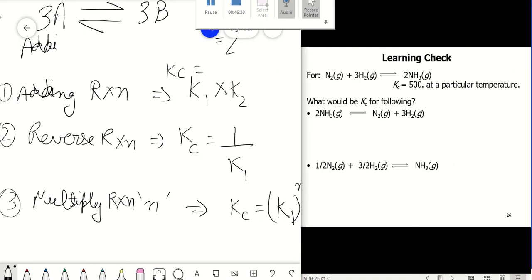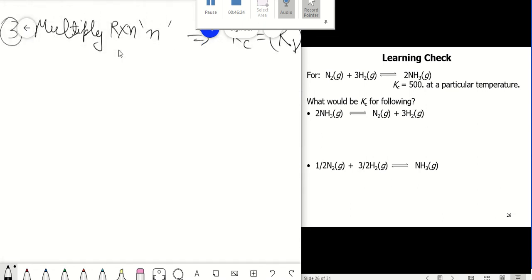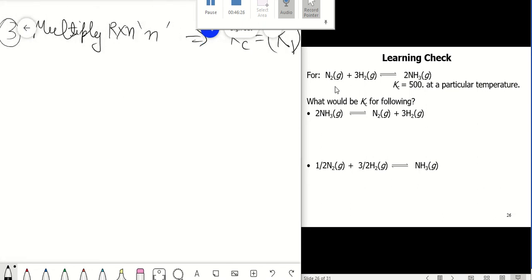So for instance, we have this reaction: N2 plus 3H2 changes to 2NH3. Kc is given to us as 500 at a given temperature. For part 1, what would be the Kc for the following reaction? Is there a relationship between what's given in the question and what's being asked?